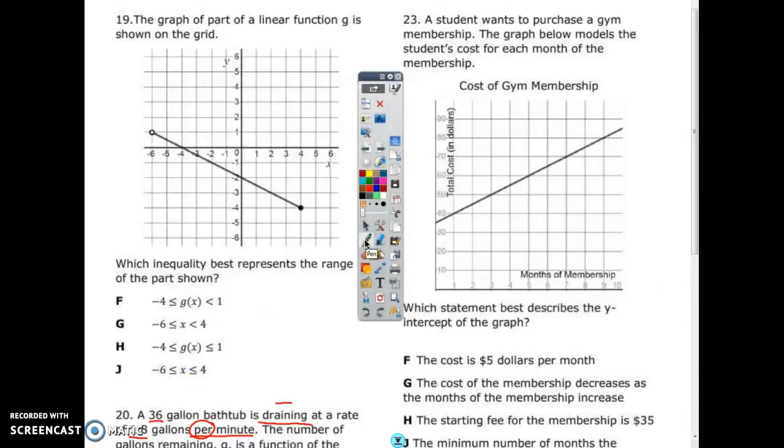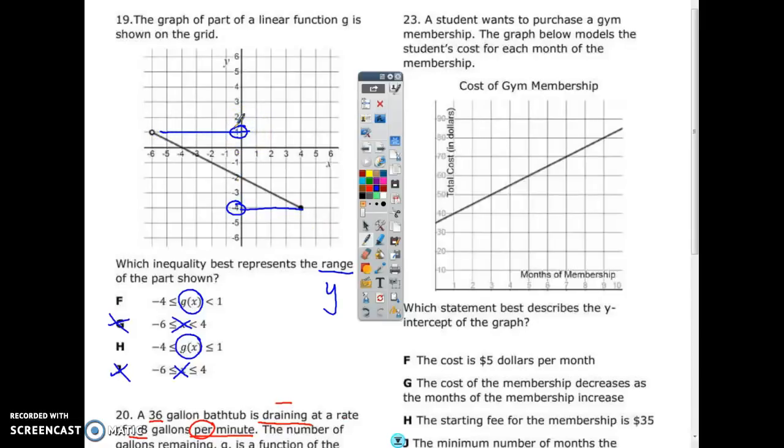Okay, problem number 19 is asking for the range. That is the Y. But if you look at the answer choices, there is no Y's. There is X's, which that is not it. And there is G of X, which is the same thing as Y. So those two are not the answers we need to figure out from F and H. And we're going from the bottommost point to the topmost point.